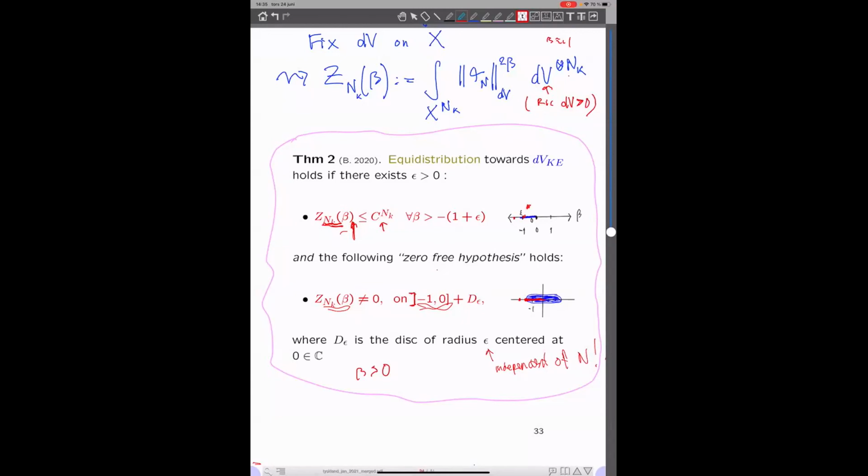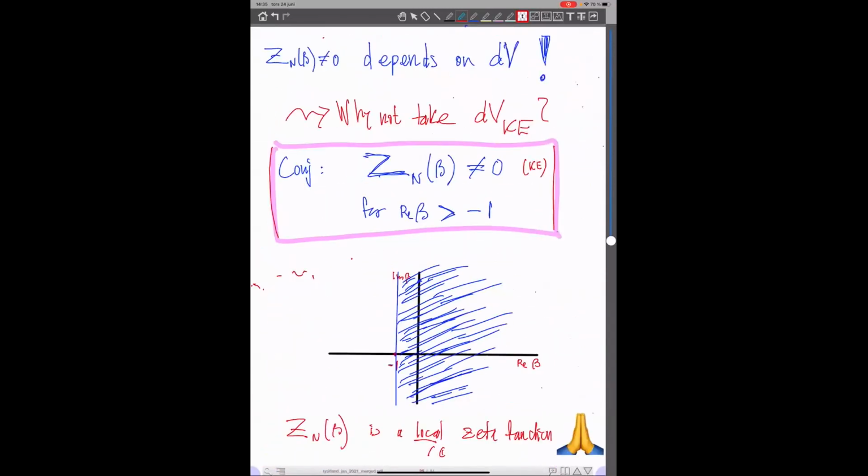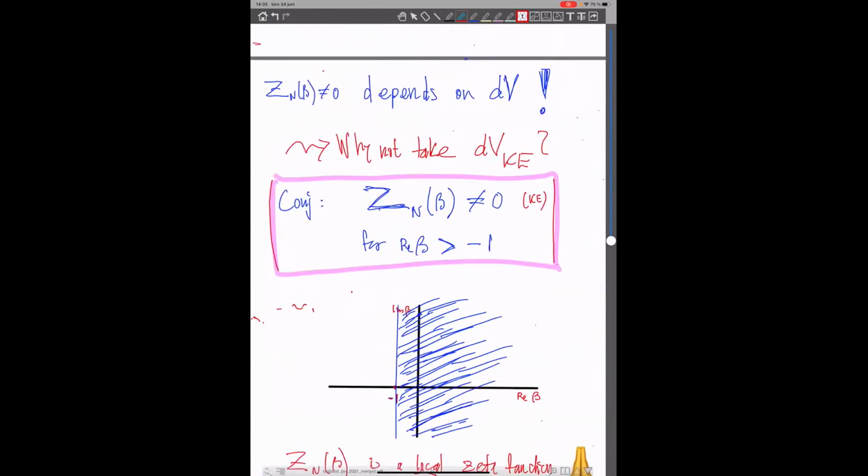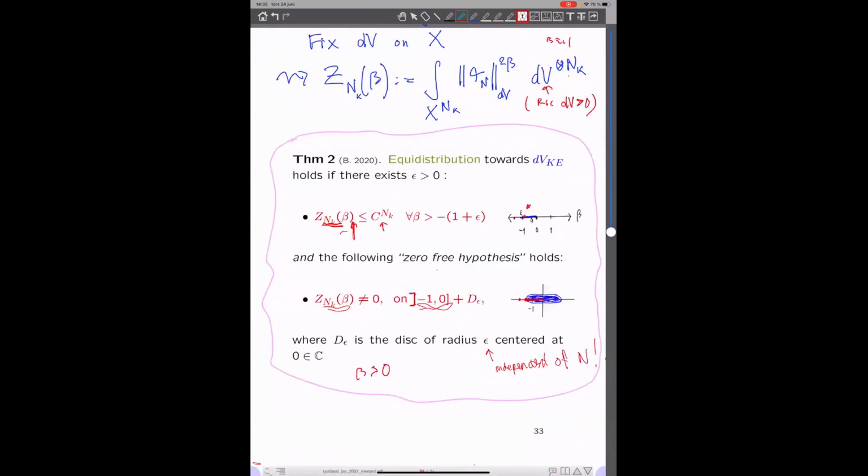So let me just say some final comment about that before finishing. This condition of being zero-free actually depends on the volume form. So remember, when I form this zeta function, I choose some auxiliary volume form.